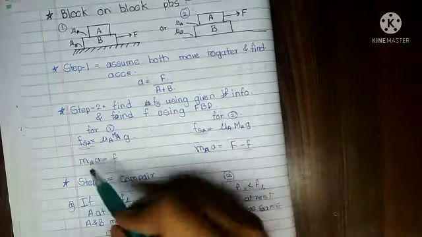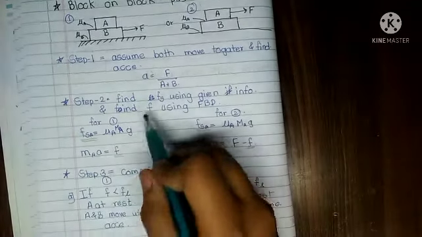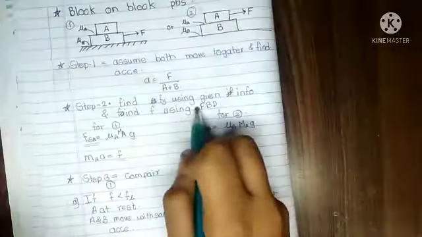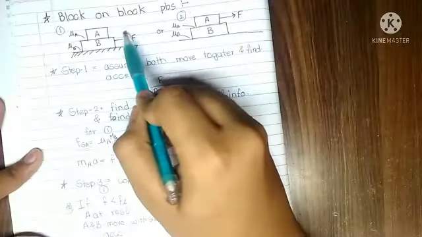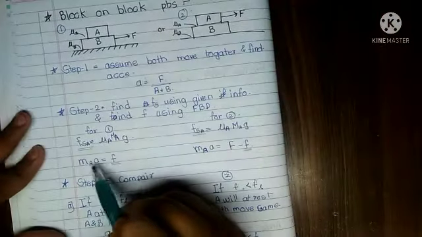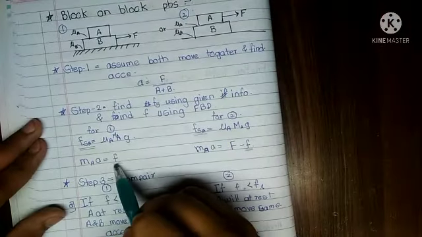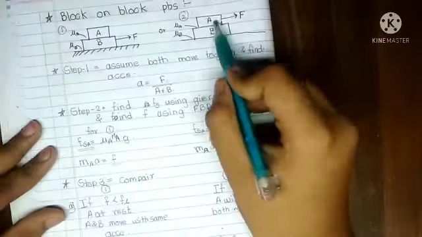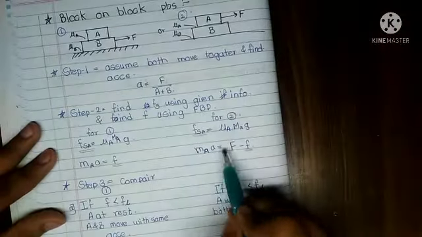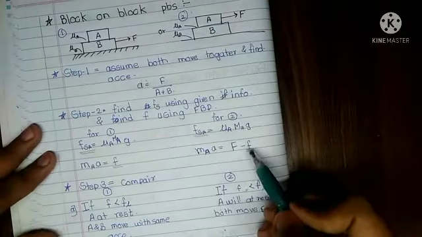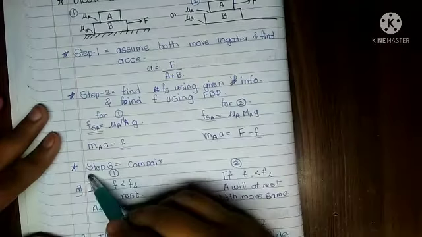But for finding frictional force using FBD, in the first case there is no force on the upper body, so m into a is equal to frictional force. In the second case, F is acting on the upper body, so m into a is equal to F minus frictional force.